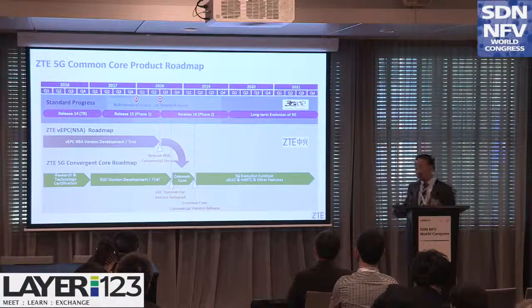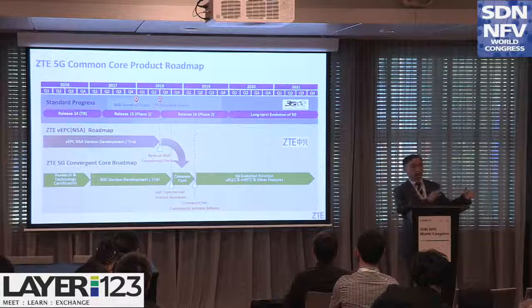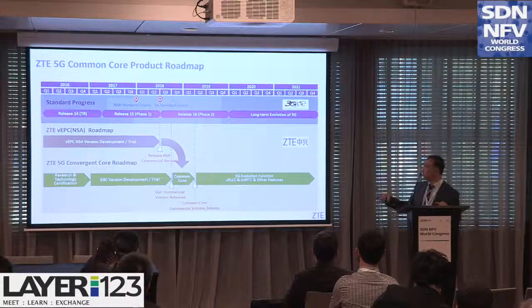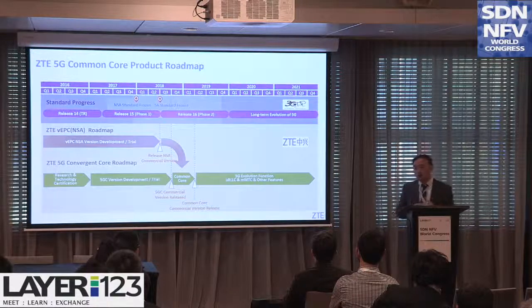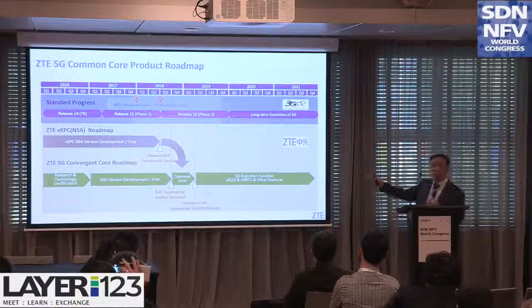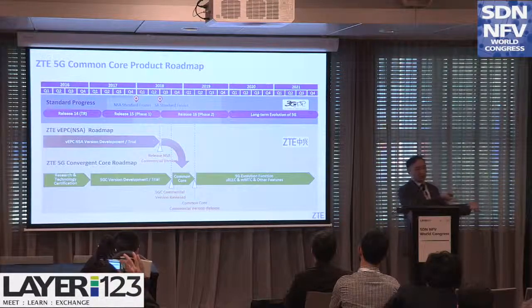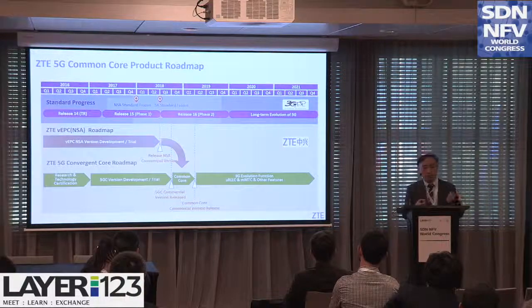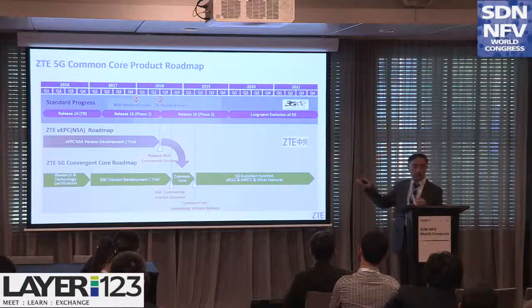And we believe that because it can work as a combination of all scenarios or some of them, it will handle all of this. For existing customers who are using virtualized EPC, of course, they can use our common core to upgrade their virtualized EPC to whatever they want. For example, you can upgrade it to virtualized EPC Plus to support non-standard NAND, or to 5GC to support standard NAND.